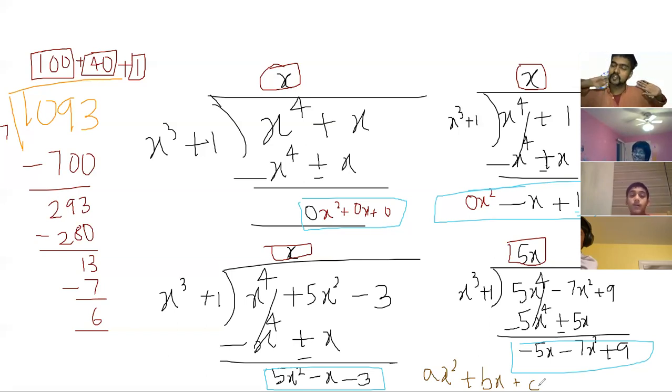I can't remember the point of writing ax squared plus bx plus c. Was that the format for finding the remainder? I feel confused again. Yeah, so see here. Now let's find the remainder.